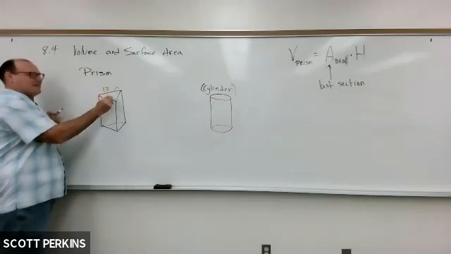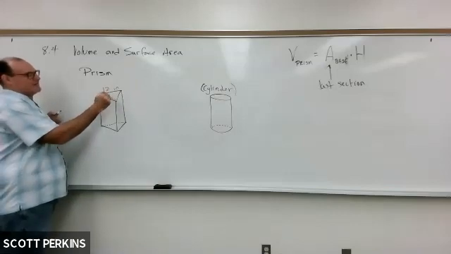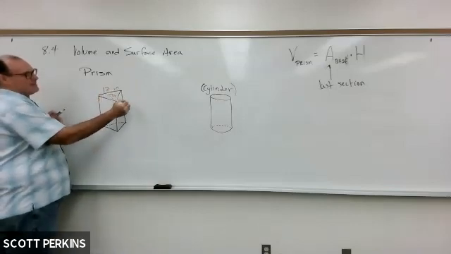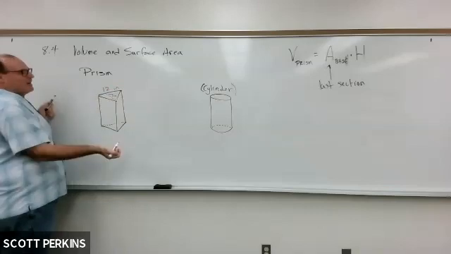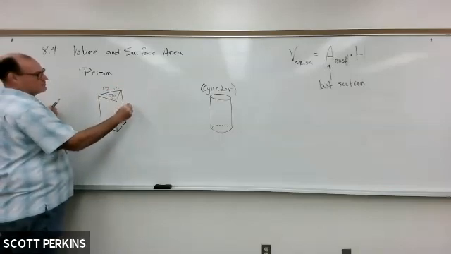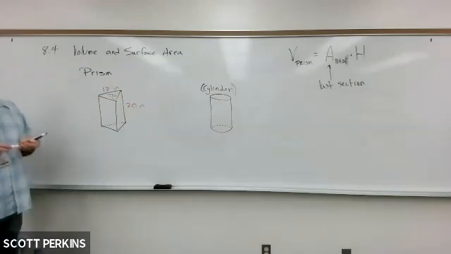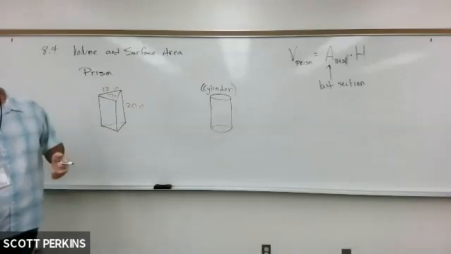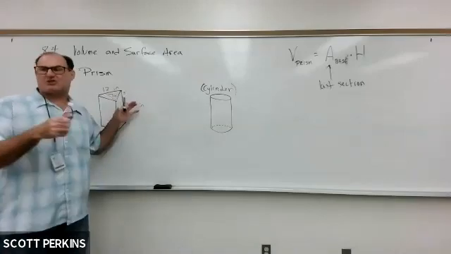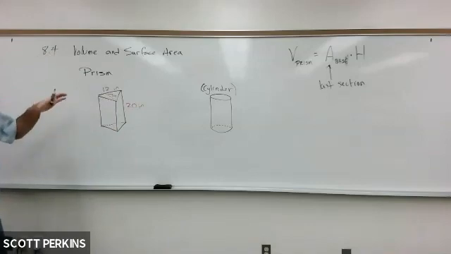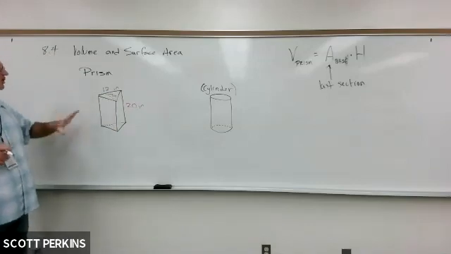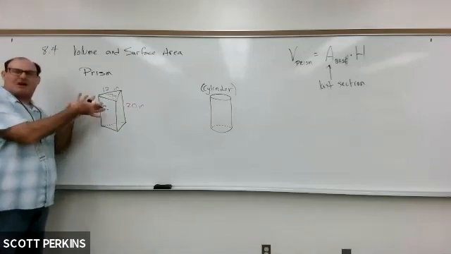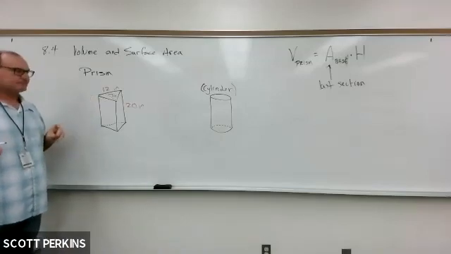And then on my triangle, let's say that that is 7 inches. And then from top to bottom on this, let's call that 20 inches. And I want to know the volume. I want to know the interior space. If I was going to fill this up with liquid or oxygen or what, I want to know how much volume this is going to hold.